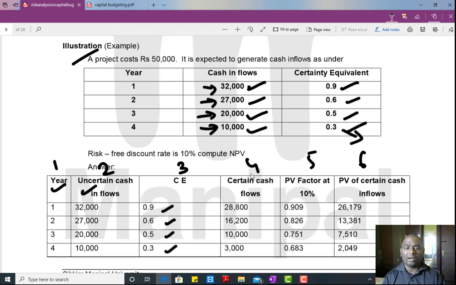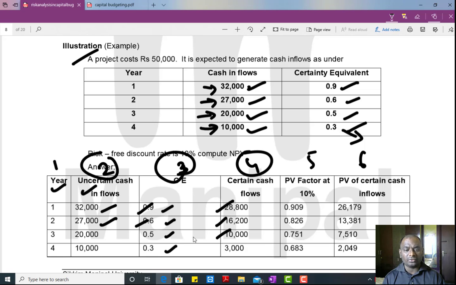How do you work out column 4? Column 4 is nothing but column 2 multiplied by column 3. 32,000 into 0.9, 28,800. 27,000 into 0.6, 60% of 27,000, 16,200. 50% of 20,000, 10,000. 30% of 10,000, 3,000. So you got the certainty cash flow.